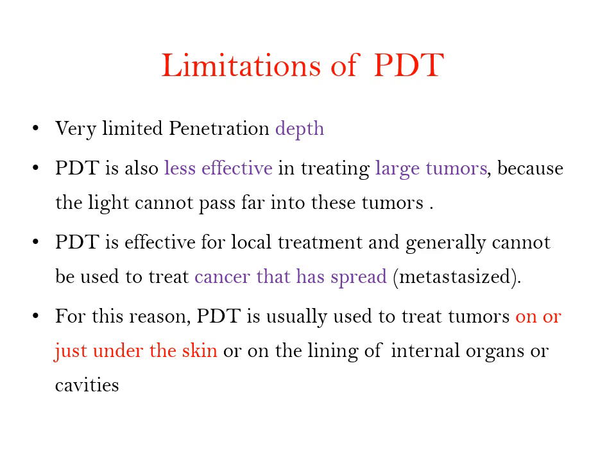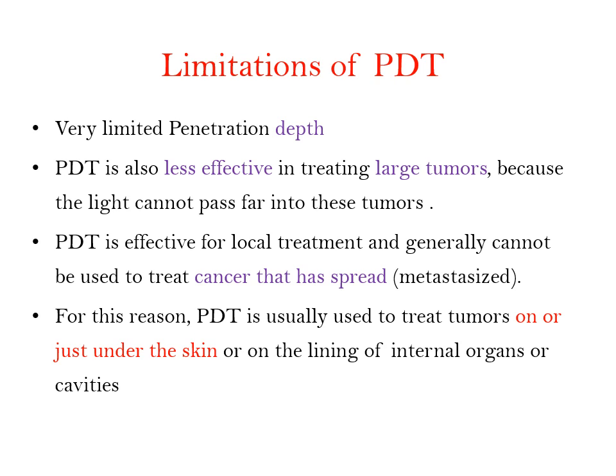The light needed to activate most of the photosynthesizers in photodynamic therapy cannot pass through more than about 1/3 of an inch of flesh, which is around 1 centimeter. For this reason, photodynamic therapy is usually used to treat tumors on or just under the skin or on the lining of internal organs or cavities.